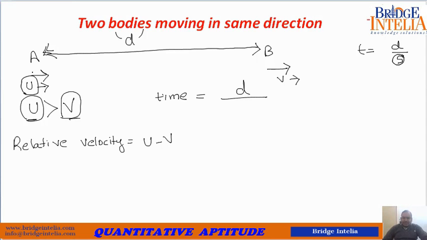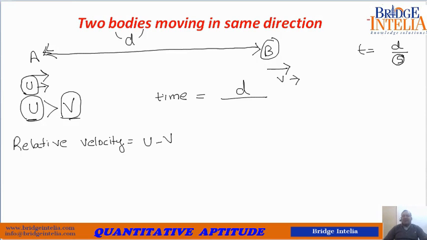So the real challenge before A is he was given a target of d. What is d? d is the advantage B has over A. This is the advantage that B has, because B has already covered this distance. A is yet to begin. So B has advantage in terms of distance.